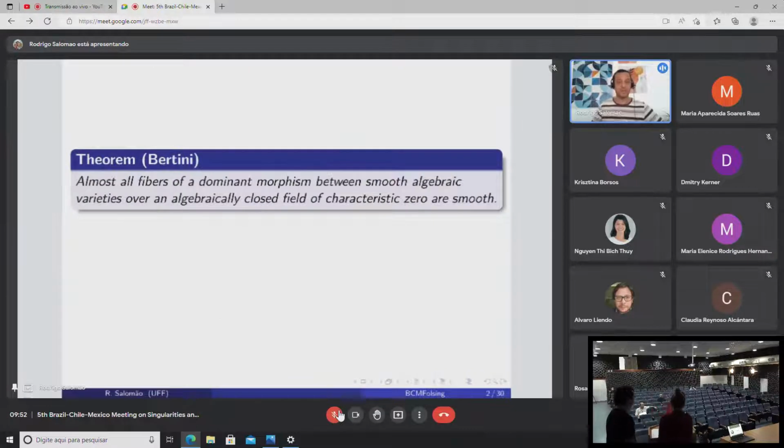I would like to start the talk recalling an important theorem of algebraic geometry, which is Bertini's theorem on variable singular points. It says that almost all fibers of a dominant morphism between smooth algebraic varieties over algebraically closed fields of characteristic 0 are smooth.